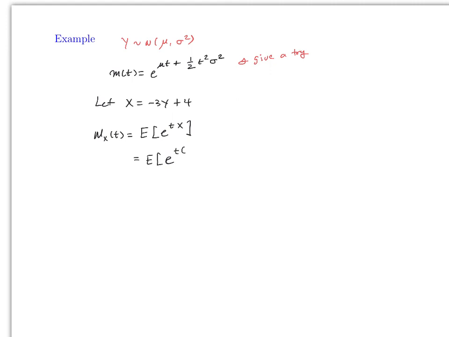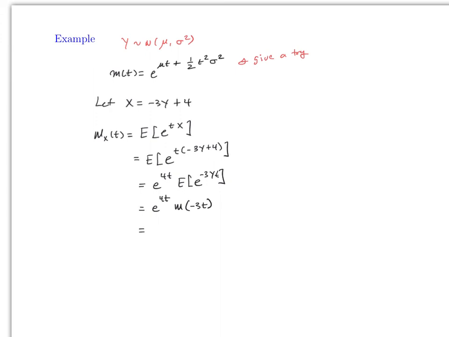Actually, this should be capital letter first. It should be minus 3Y plus 4, which is the same thing as e to the 4t, you can take it out. This will be the expected value with the minus 3Y times t, which equals e to the 4t times the moment generating function of Y at minus 3t.